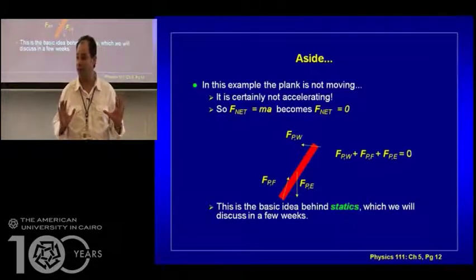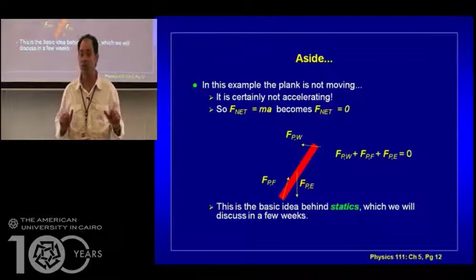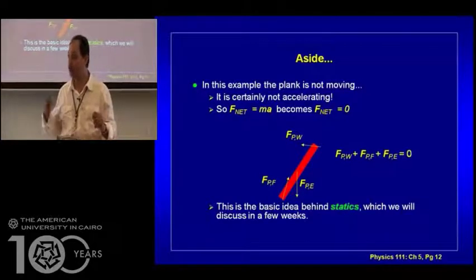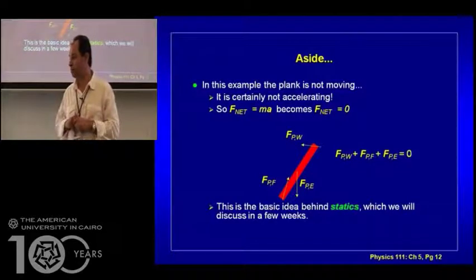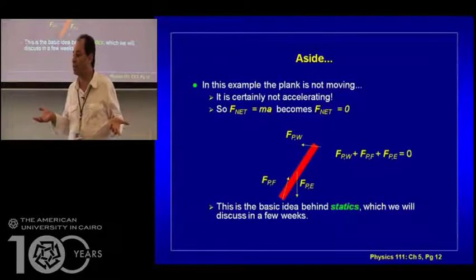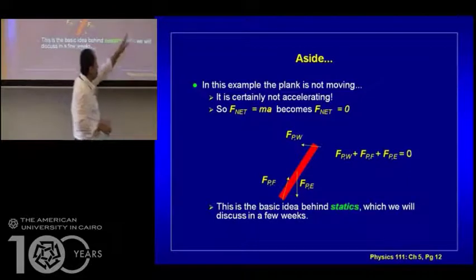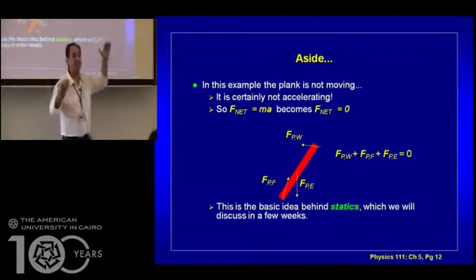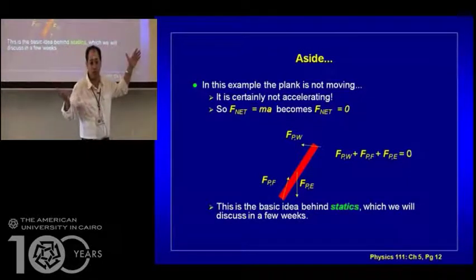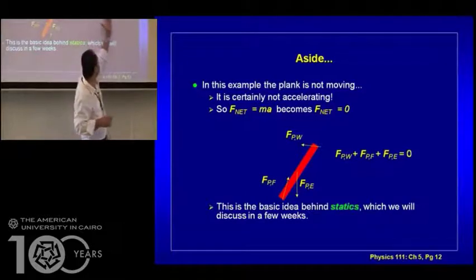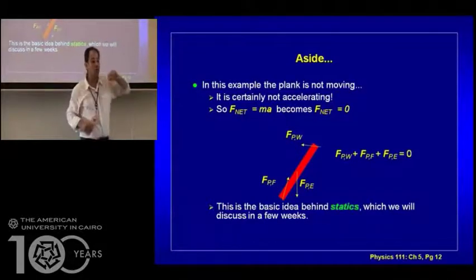You have to be careful when you add them as vectors. You end up having 0, because there is no motion, there is no acceleration. So the sum of the forces will equal the mass times the acceleration, but the acceleration is 0 since there is no motion. Then that means that the sum of the forces, if you add them as vectors, will give us 0.